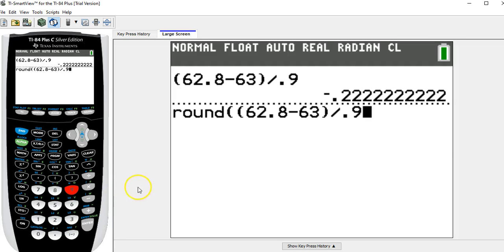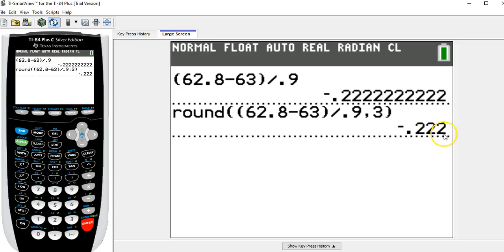And now, to round it to 3 decimal places, comma, 3, close the parentheses. When I hit enter, I just get the 3 decimal place rounding, which is the answer that they want. So I like to use that round function when they want me to round a calculation.